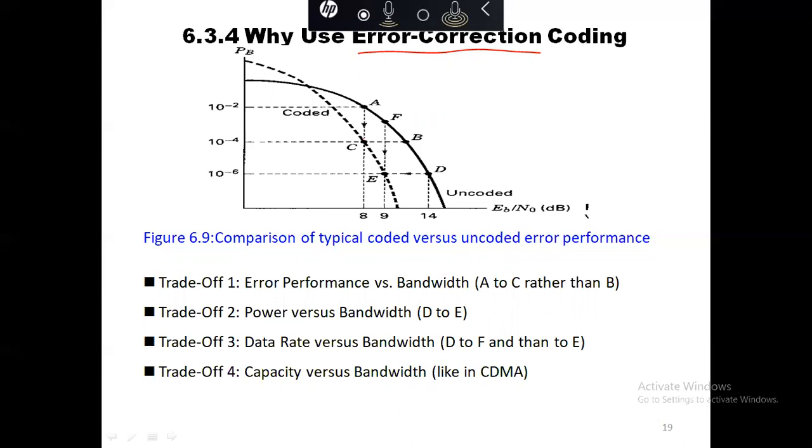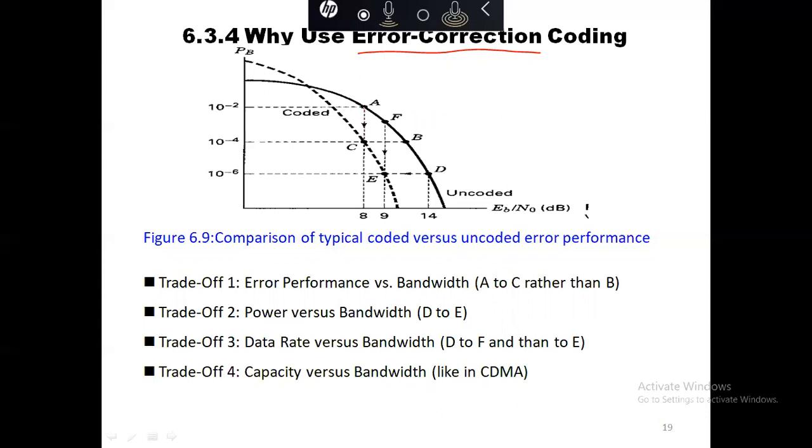So if I want to transmit the actual data with more number of bits, of course I achieve better error performance, but in fact I am increasing the bandwidth.